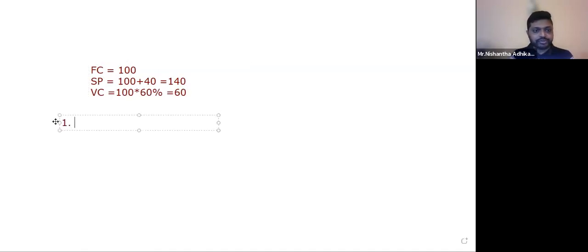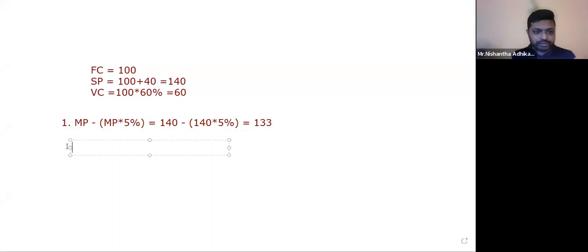First one, market price minus 5% of market price. If I calculate that, 140 minus 140 into 5%, the answer should be 133. Okay. The second option, full cost plus 30%.